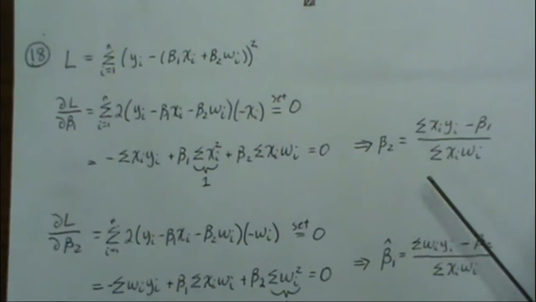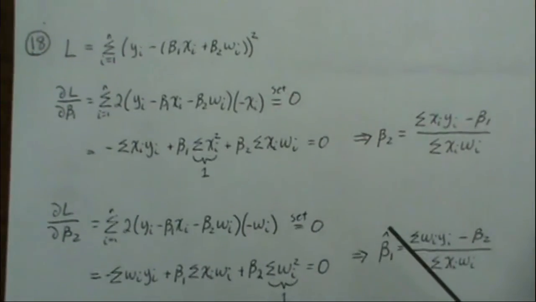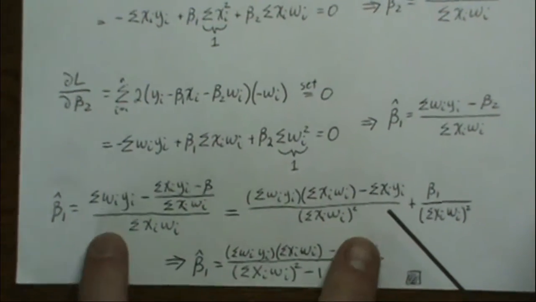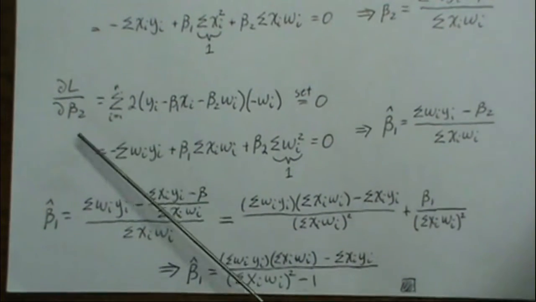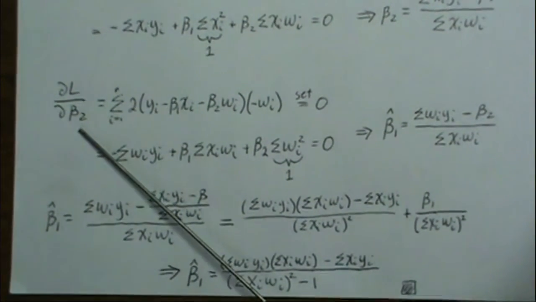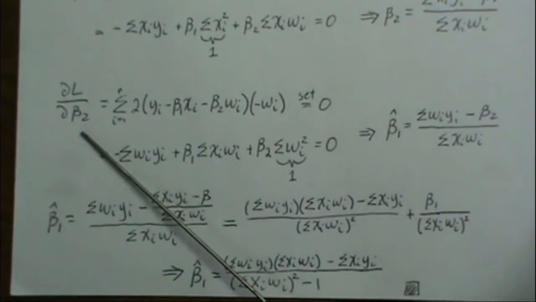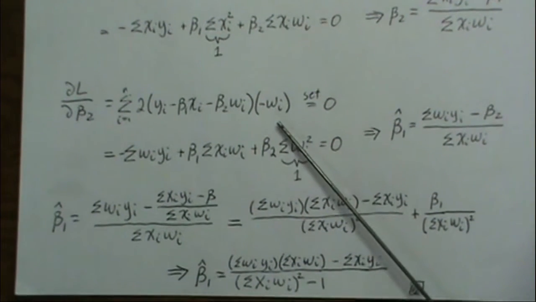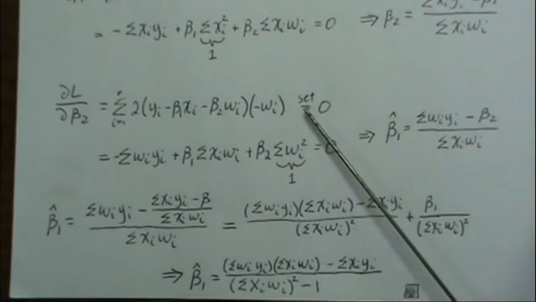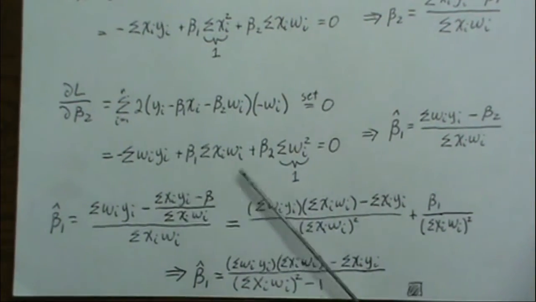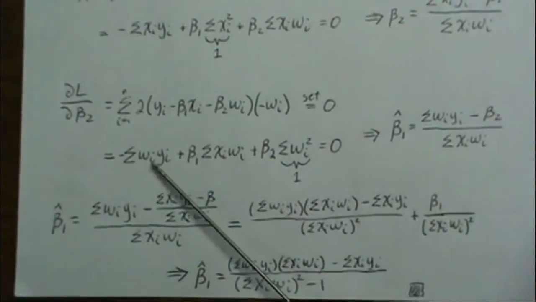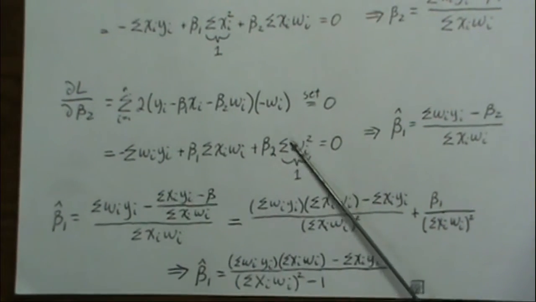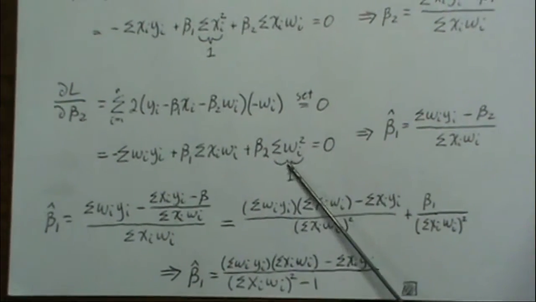And actually it only asks us to solve for beta 1, but here we take the partial with respect to beta 2, and we get this. When we set it to 0, that 2 can go away, and then we multiply the w in, and the wi squared, in the problem it says, is equal to 1.